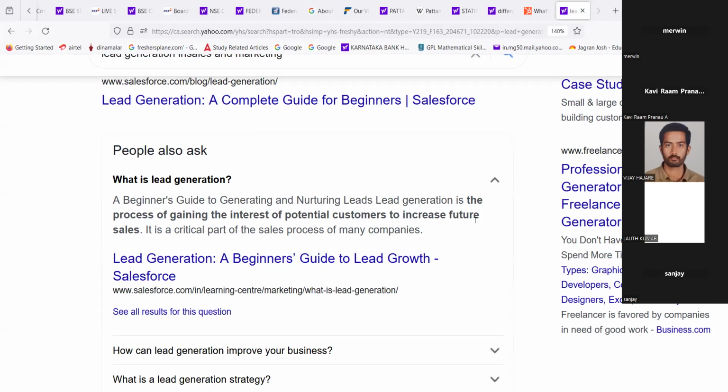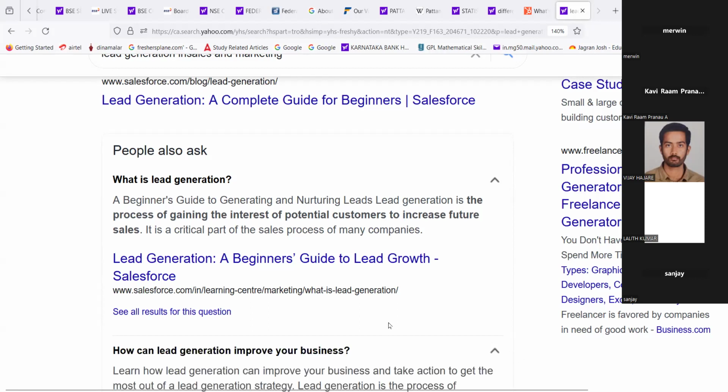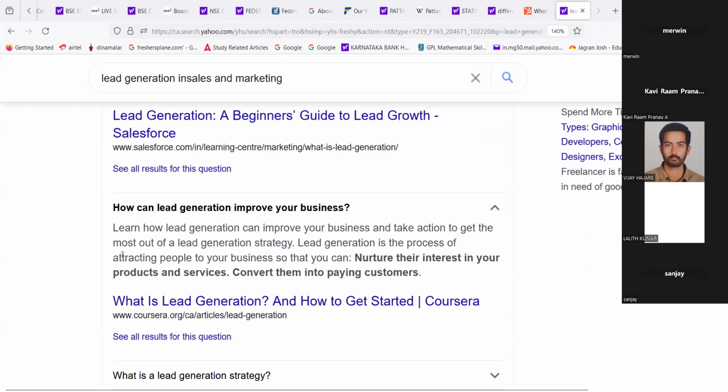The potential customer must develop confidence in Federal Bank, so-and-so branch. And for that, your behavior should be such that you create an interest in him so that you can increase further sales.